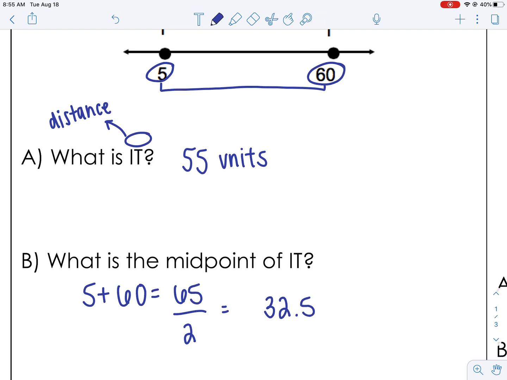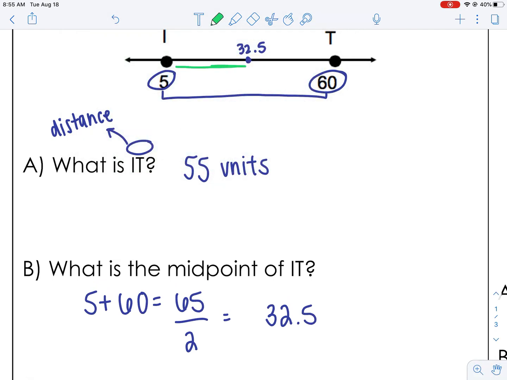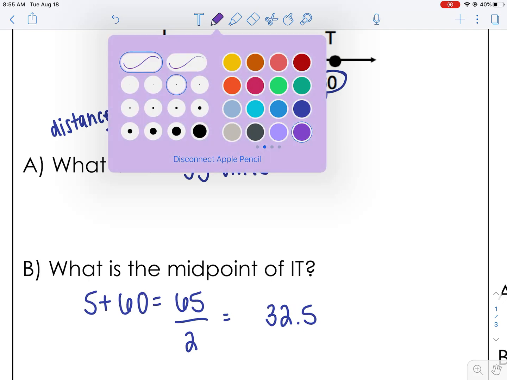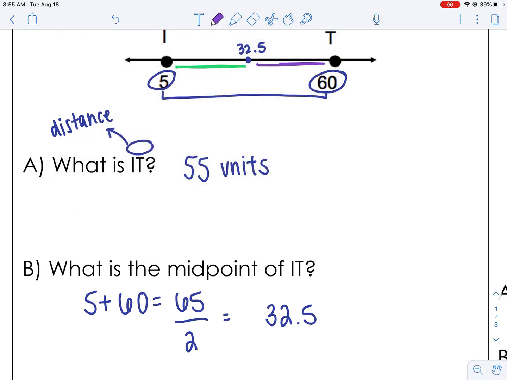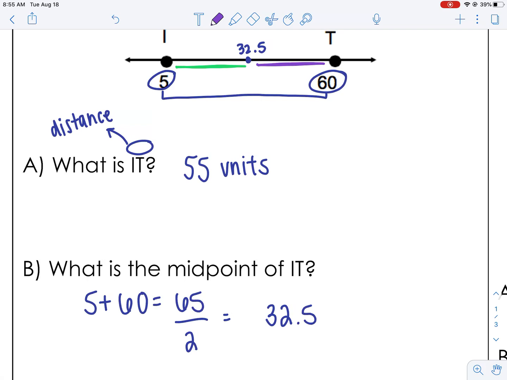So if I am over here at 32.5, what that means is that this distance from 5 to 32.5 should be the same as 32.5 to 60. And the way you can check that is just like what we did up here, is ask yourself, if I go from 5 to 32.5, if you subtract, you'll get 27.5.